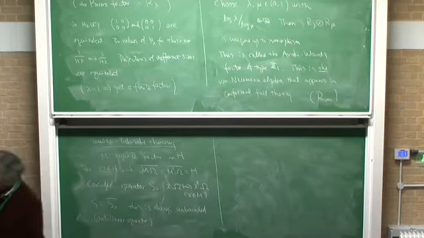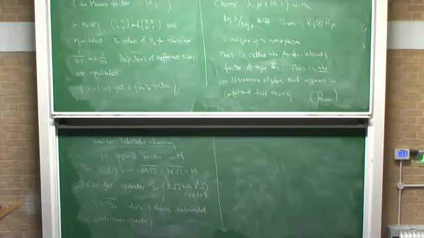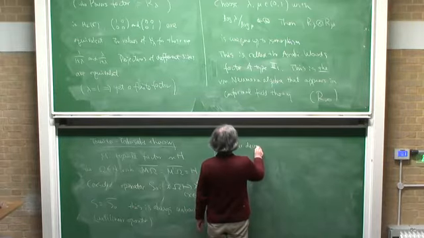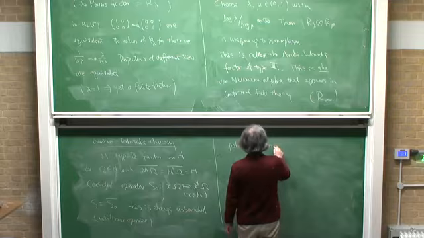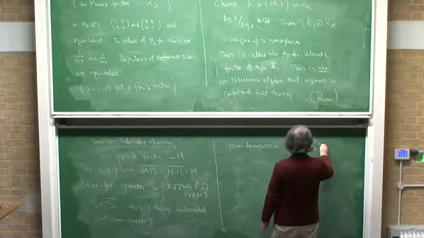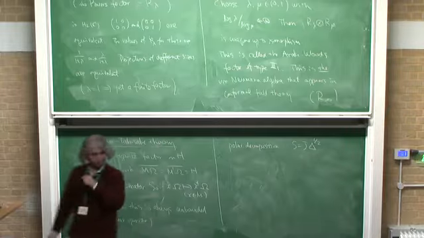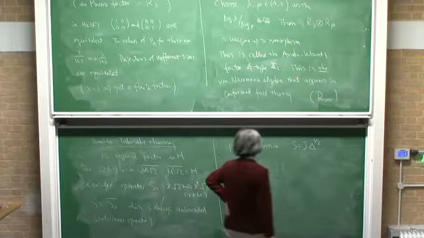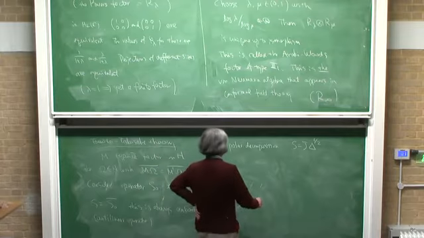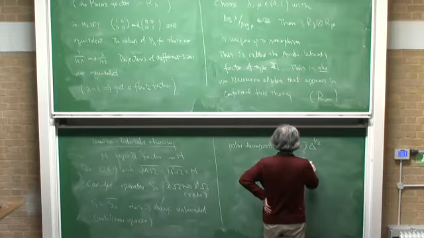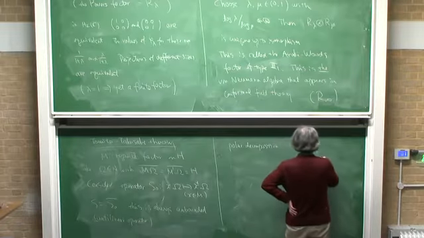Then we still have the machinery of the polar decomposition. Here J is the anti-unitary part, and Delta is the positive part.